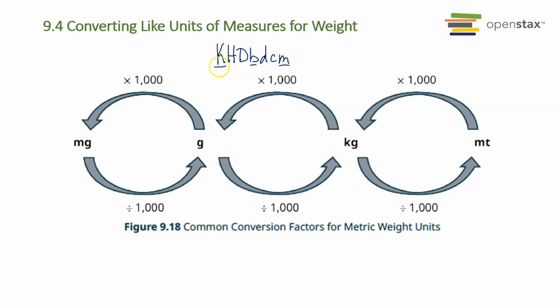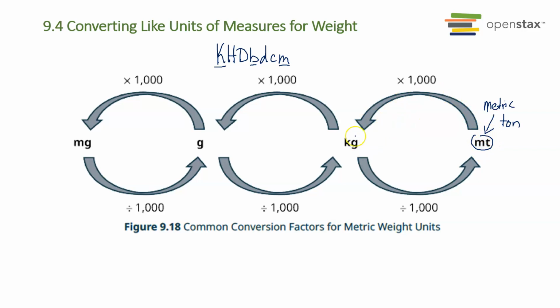You also have one more, which is mentioned over here on the far right of the screen, and this is a metric ton. A metric ton is 1,000 times the amount of a kilogram. So 1,000 kilograms is a metric ton.